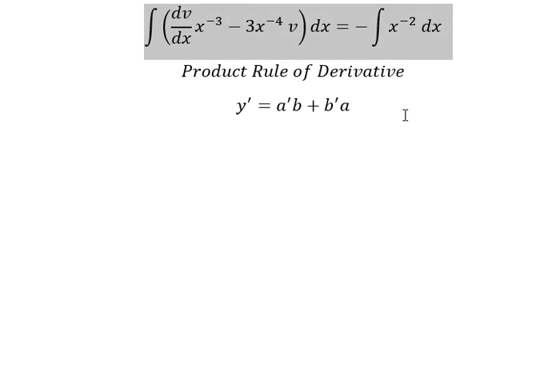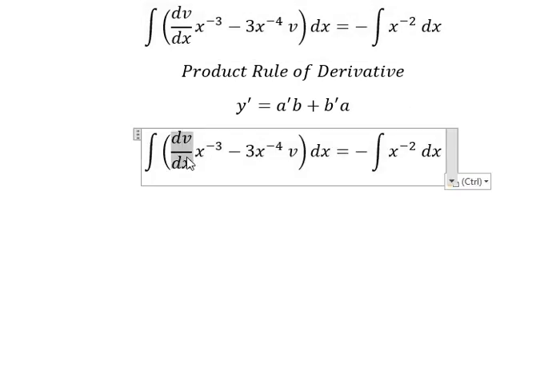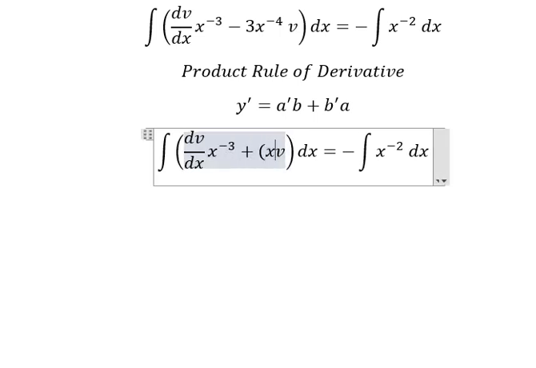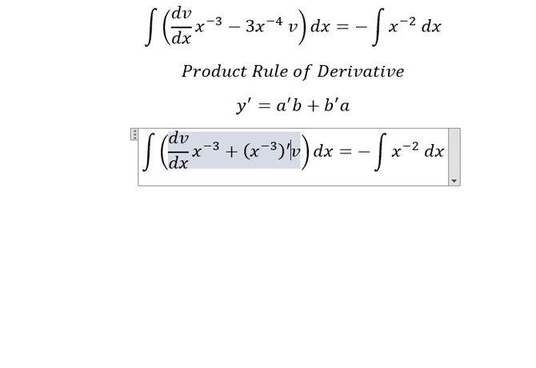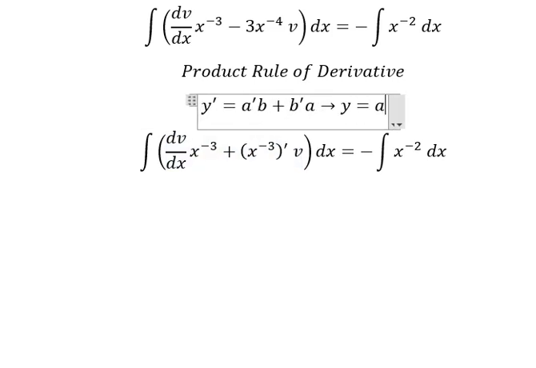So we have the first derivative of a multiplied by b, and the first derivative of b multiplied by a. So the integration of this one we have y equals ab.